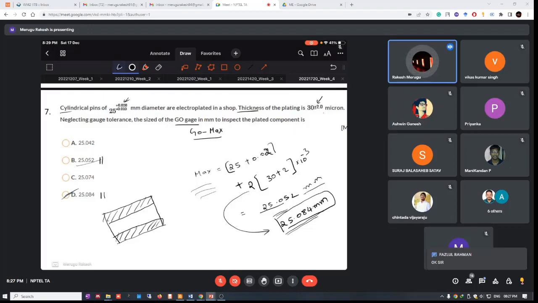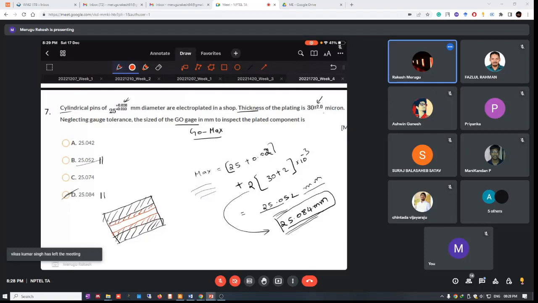If you understand this, you can continue with your work. So this is the end of the class. They have mentioned only this thickness.